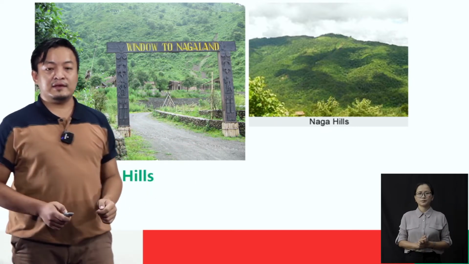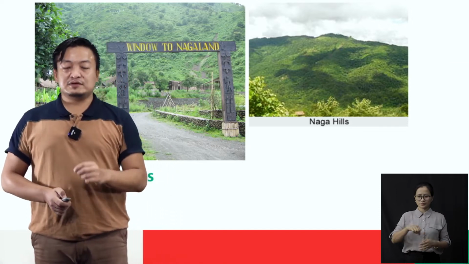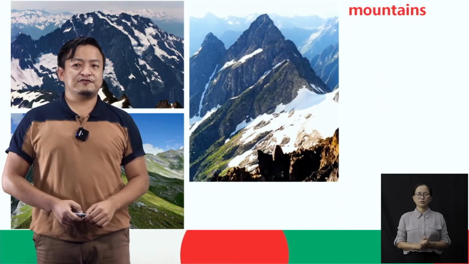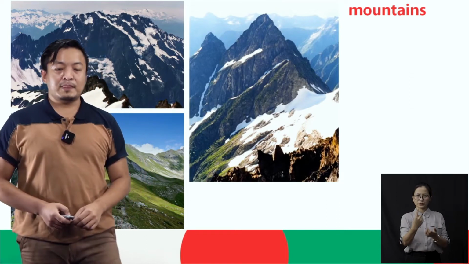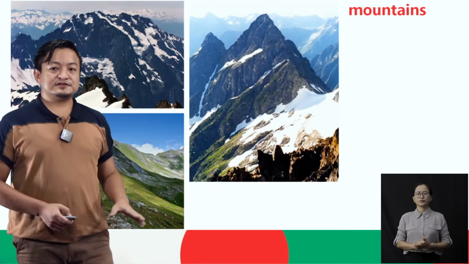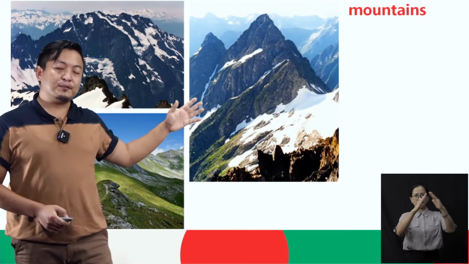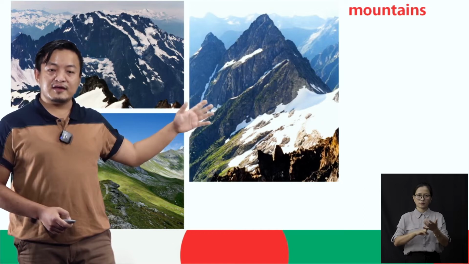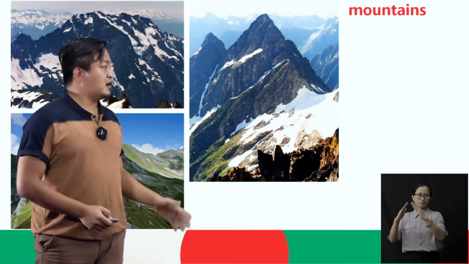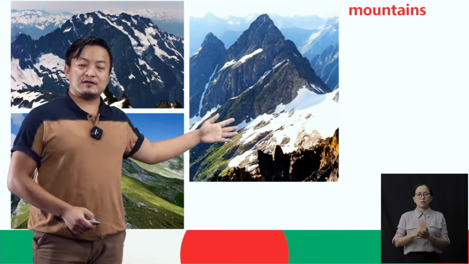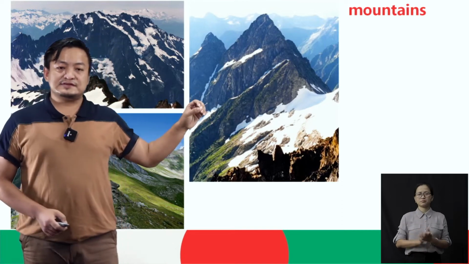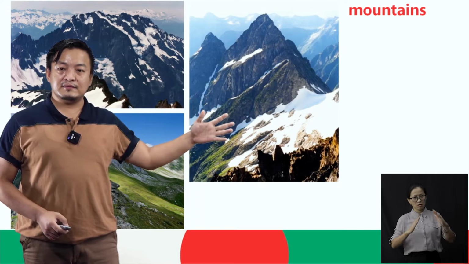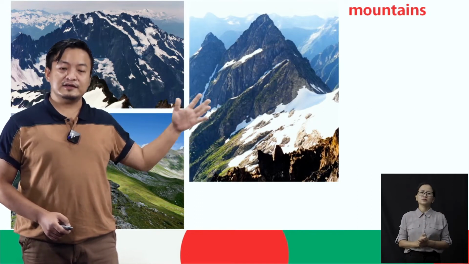Now students, we will see the next type of natural feature. The next type of natural feature is mountains. Now you can see how beautiful the mountains are. So mountains are very high hills.